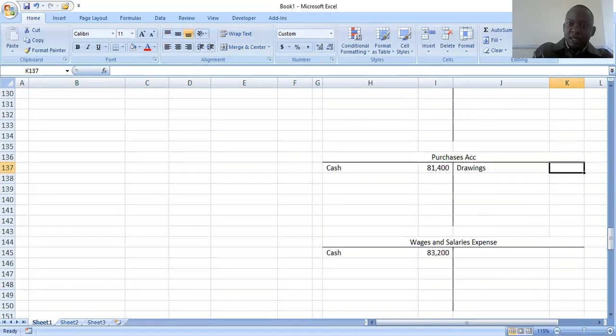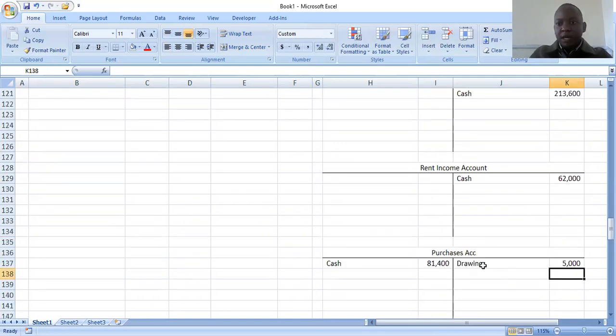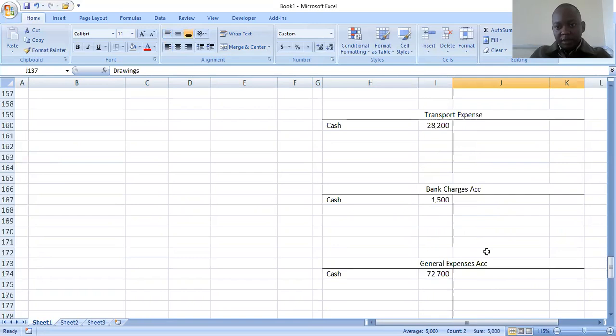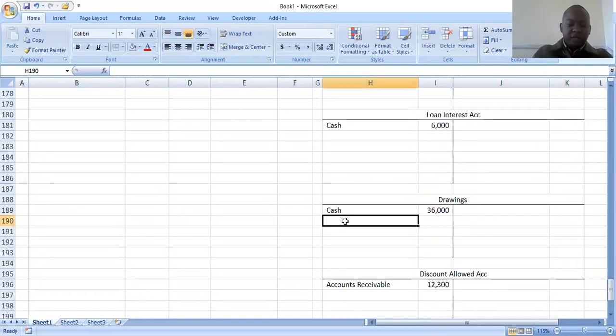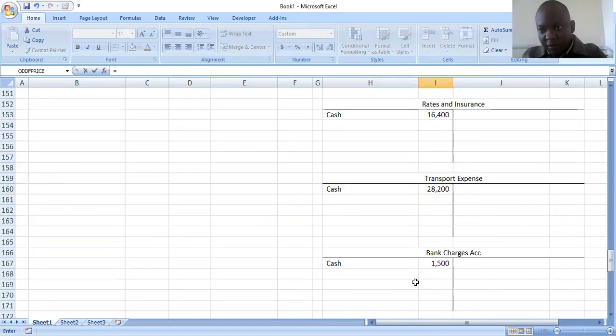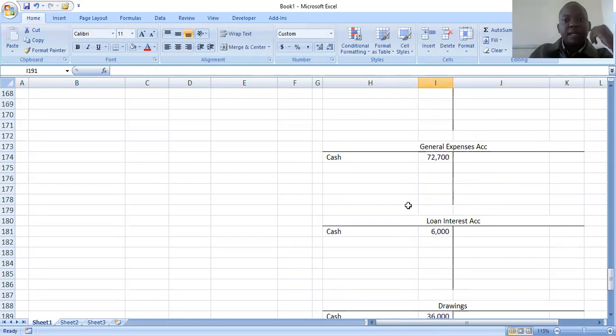Then we debit the drawings account. Here is our drawings account, so we debit drawings by purchases, the amount being 5,000 shillings.